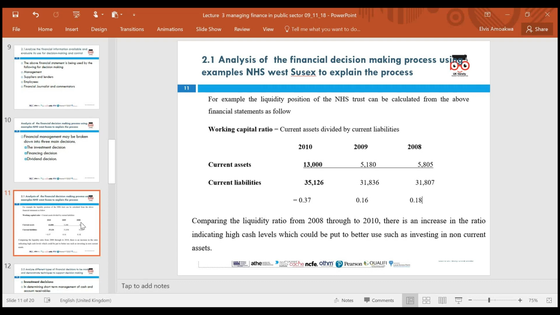So having the balance sheet, you can quickly understand what is going on. Looking at the liquidity or working capital ratio for the three years, comparing the ratios from 2008 to 2010, there's an increase in the ratio indicating a high cash level, which shows that things are moving on well.